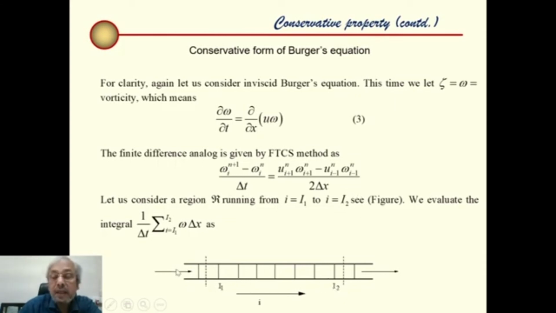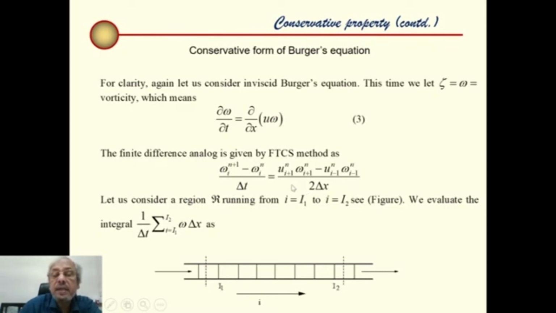So now we evaluate this integral, which in discretized form is 1 by delta t, then summation of omega delta x over I equal to I1 to I2, since we are integrating over this. So the left hand side becomes this.